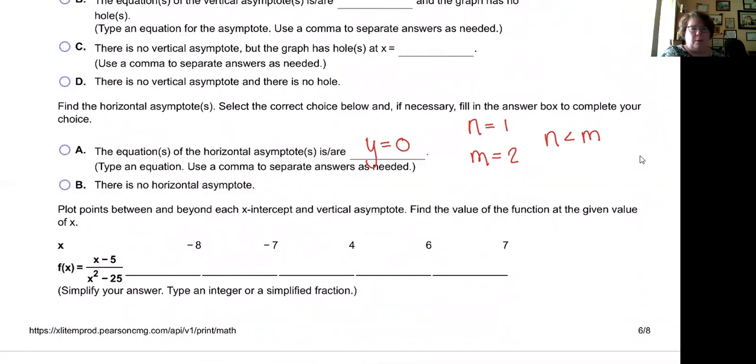The next step in this problem is to evaluate this function at 5 different values of x. Let your calculator do this for you. If you can't convert a decimal into a fraction, let your calculator do that.